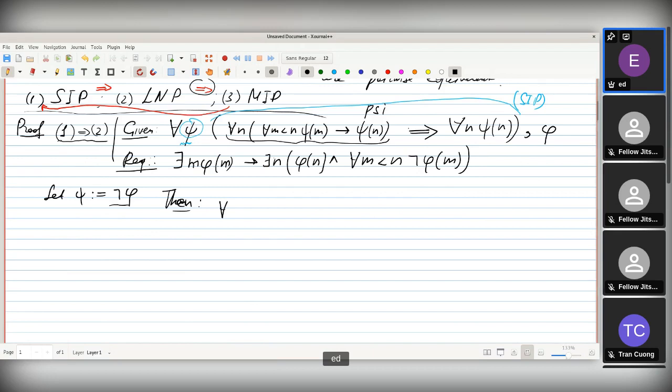Let me rewrite. For every n, if for every m less than n, psi of m holds, read not phi of m, then phi is false for n. And this is enough for every n, not phi of n. Do you agree?